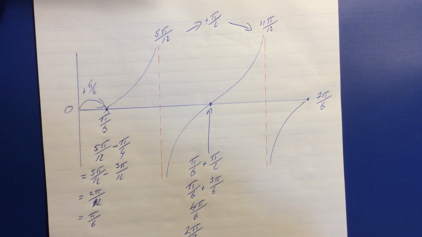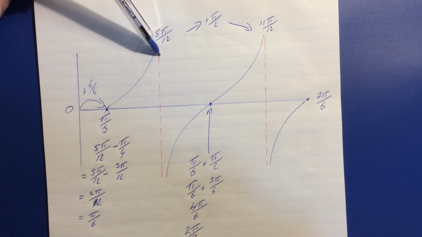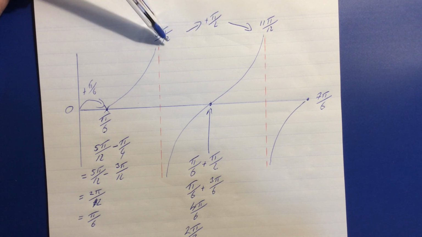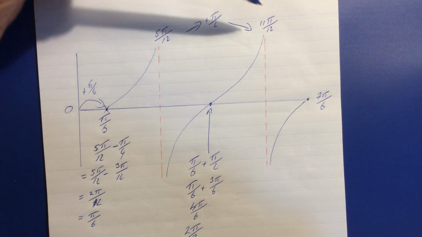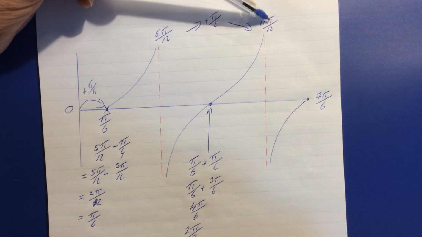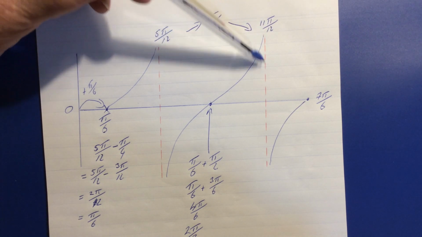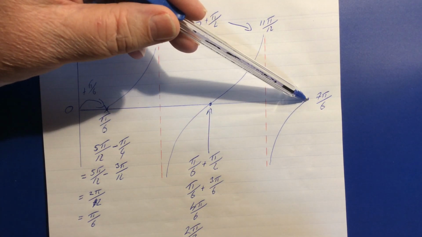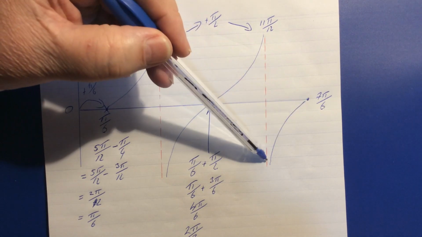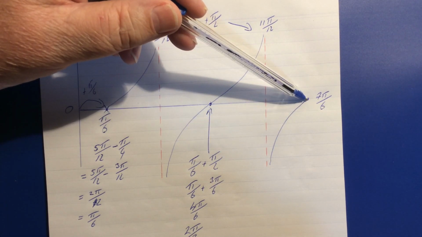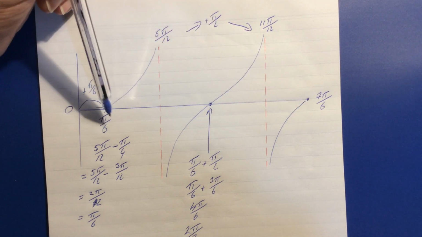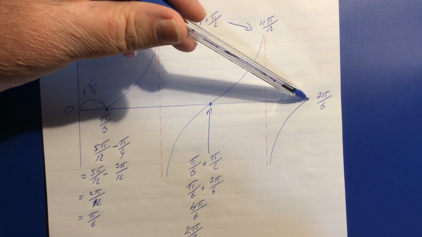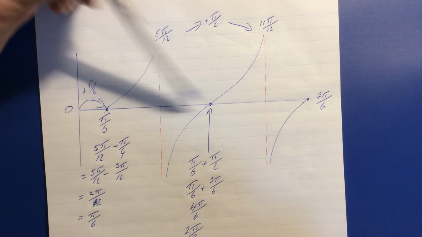Okay, so where does the next asymptote go? Well, the period is pi on 2, so 5 pi on 12 plus pi on 2 gives me 11 pi on 12. That's the next asymptote. By symmetry, this point here is 7 pi on 6. That is 1 pi away from pi on 6.